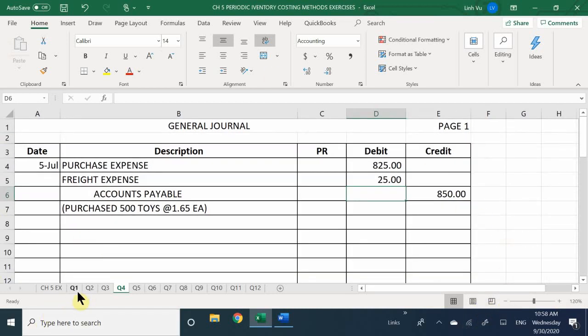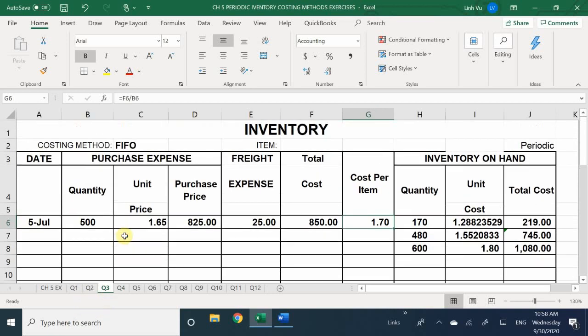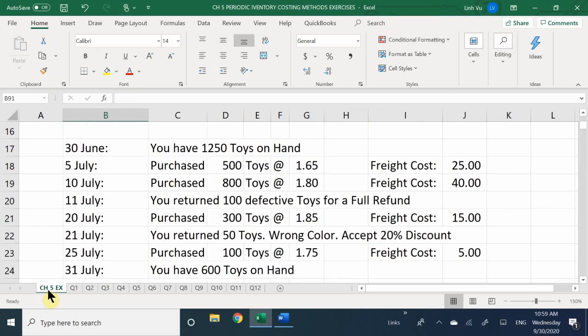Okay, so now we complete our journal and we completed our entry into our inventory worksheet. So let's go ahead and continue on with the next portion of the problem. Here we recognize that on July 10, we purchased a total of 800 toys at $1.80 with a freight of $40.